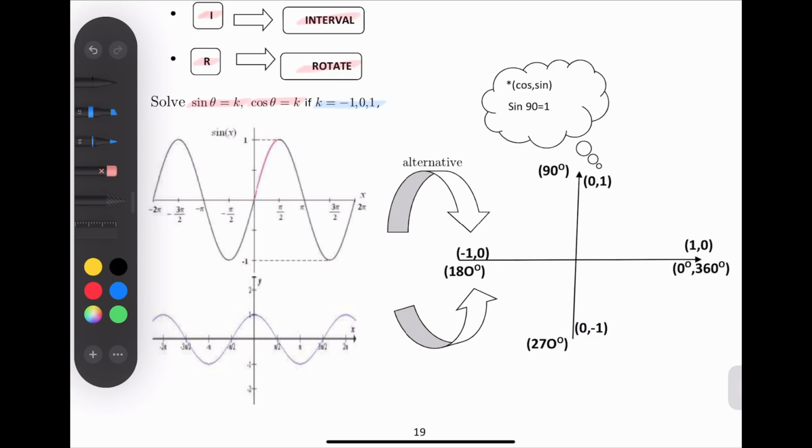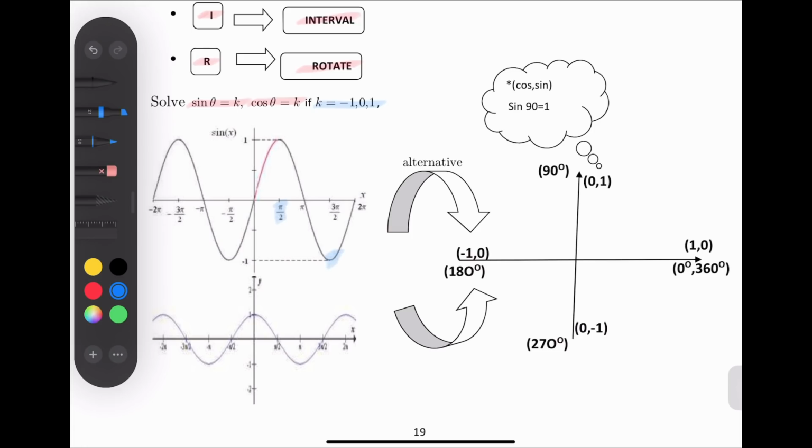When k equals 1, for sin theta, the answer will be pi over 2. And if we take sine of 3 pi over 2 over here, then the answer will be negative 1.